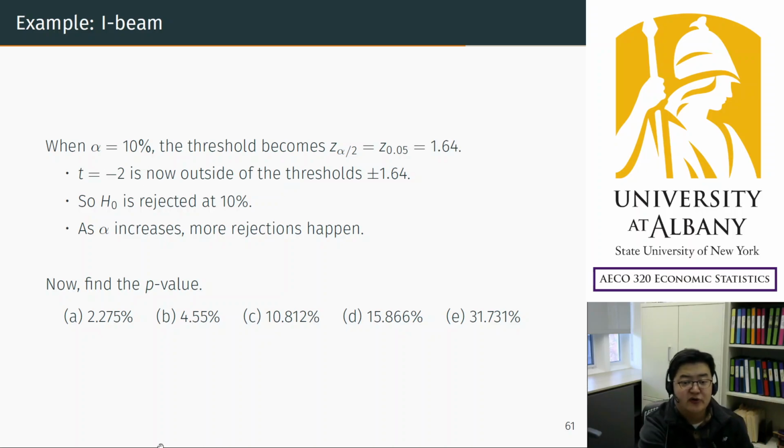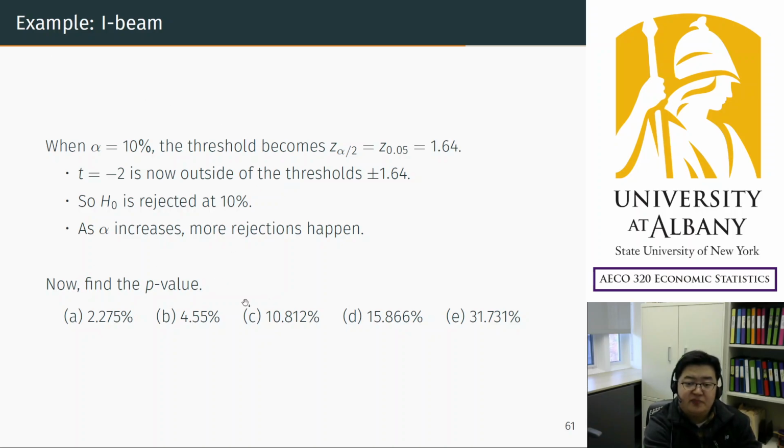And now let's move on to the p-value approach. When the t-statistic is -2, let's calculate the p-value. To calculate the p-value, of course, you need Excel. Imagine a normal distribution and you observe -2 here. But don't forget to calculate the positive side. There are equally likely outcomes on the other side of the graph.